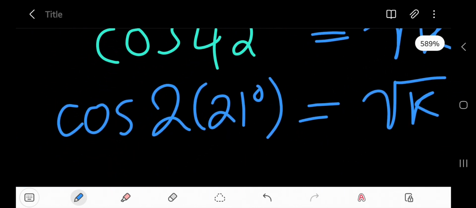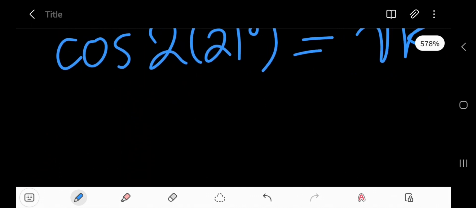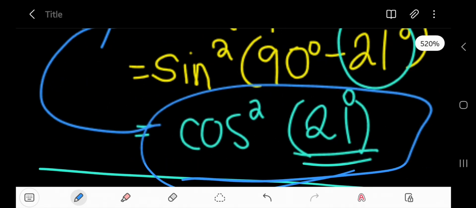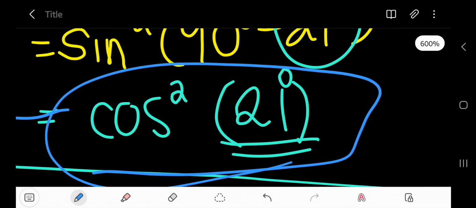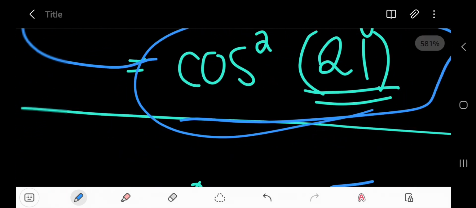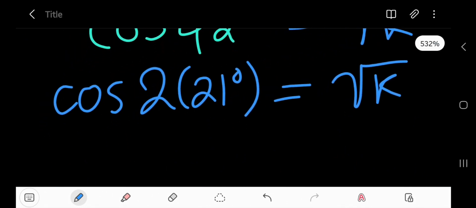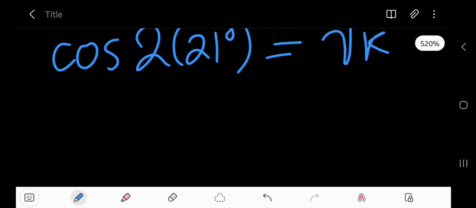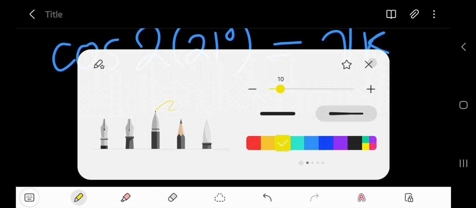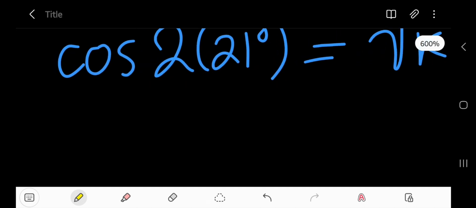And now we have a double angle of cos. Remember that the double angle of cos has 3 identities, and one of them has something to do with cos squared. So let me write the identity here.